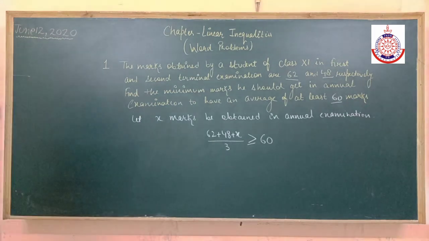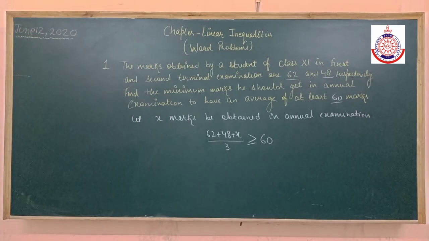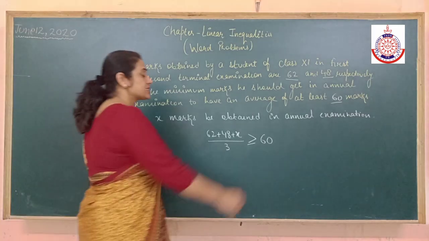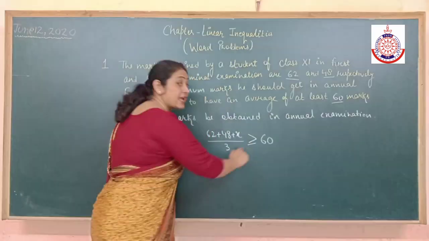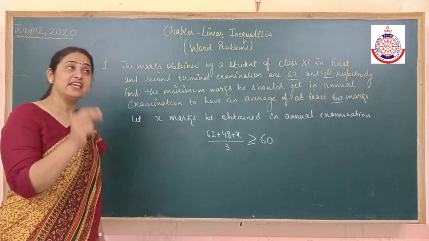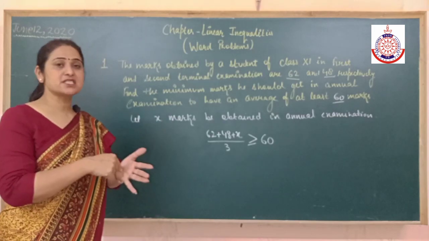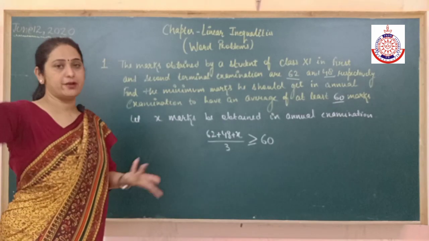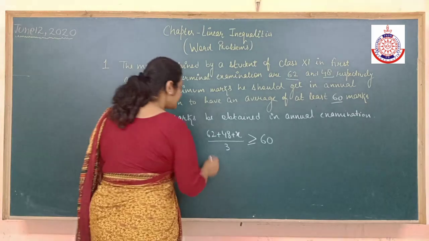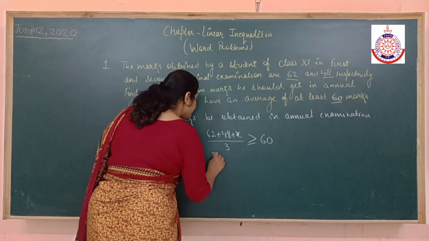So कम से कम 60. That means (62 plus 48 plus X) by 3 should be greater than equals to 60. At least means greater than equals to 60. Why equals to? Because 60 भी तो हो सकता है ना, at least कम से कम 60 और उससे ऊपर 100 कुछ भी हो सकता है. We'll solve the linear inequality. Multiply both sides by 3.